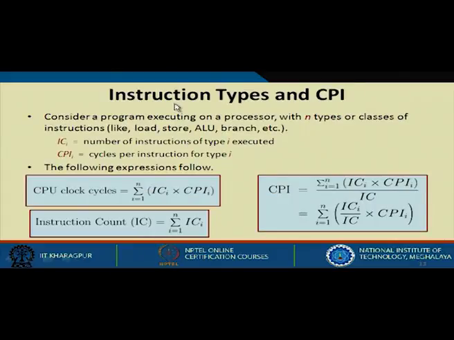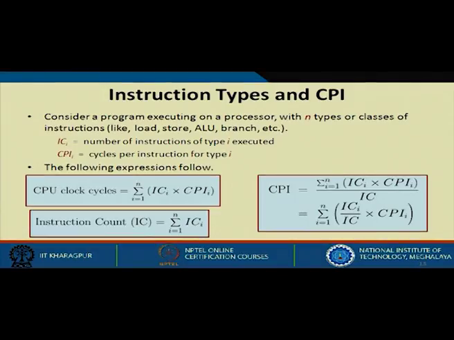Let us take another thing, which is instruction types and CPI. Consider a program executing on a processor with n classes of instructions. Generally we do not have one kind of instruction, right? We have load and store instructions, we have data transfer instructions within the CPU, we have a variety of instructions basically.